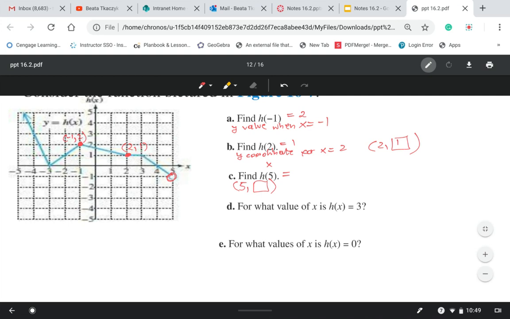It's undefined because technically, if the circle would be closed, we'd have a point 5, comma -1, and the solution would be -1. However, since the circle is open, this point is not part of the graph, so 5, comma -1 is not part of the graph.